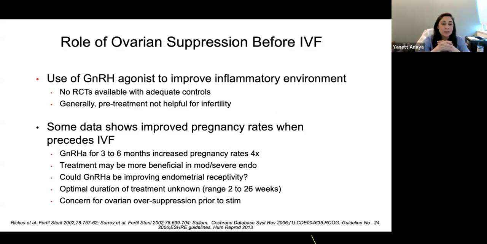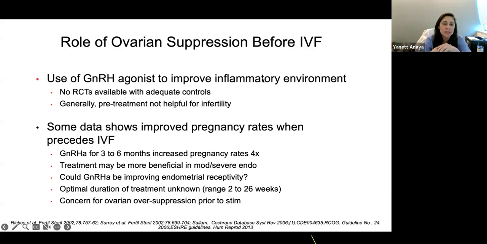Some smaller studies have shown some improvement in pregnancy rates when you use a GnRH agonist before IVF. In the studies that we do have, the use of GnRH agonists for about 3 to 6 months prior to IVF has shown an increase in pregnancy rates, and it seemed to be more beneficial in patients that had more advanced endometriosis.